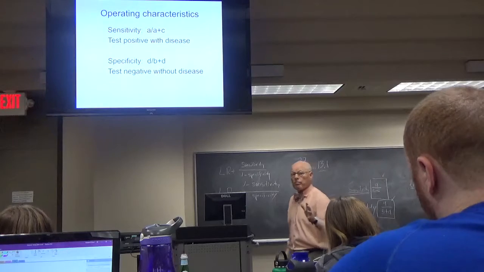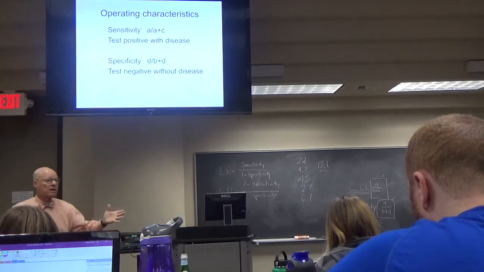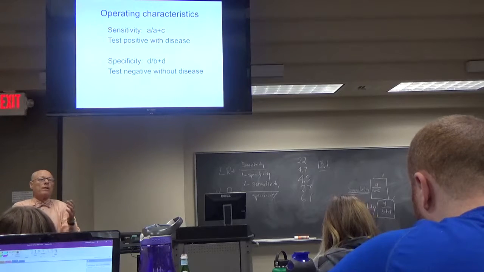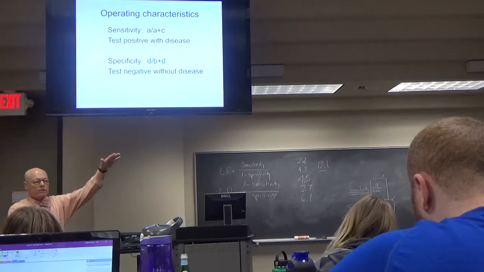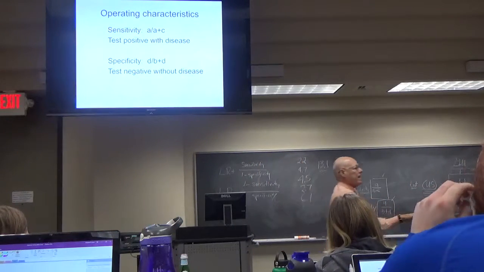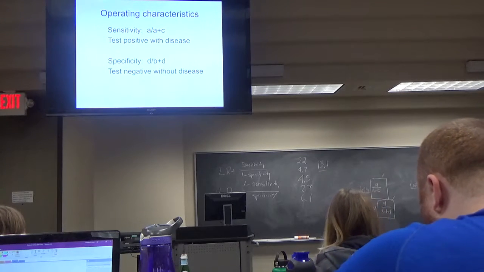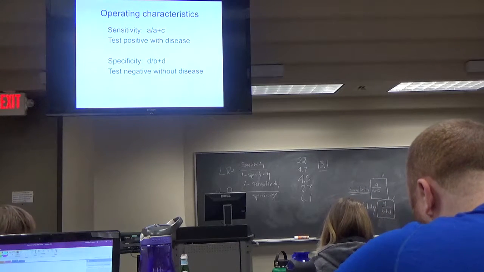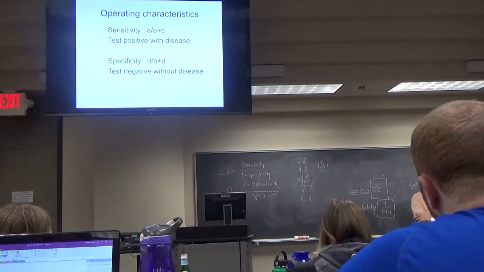You just have to remember the definition of likelihood ratio of positive. That's how I remember it. Sensitivity is always in the numerator, so it's sensitivity over 1 minus specificity. If I'm going to go for the negative, it's 1 minus sensitivity over specificity. Pretty simple, pretty easy to remember. That's easier to remember for me than A over A plus C and D over B plus D.